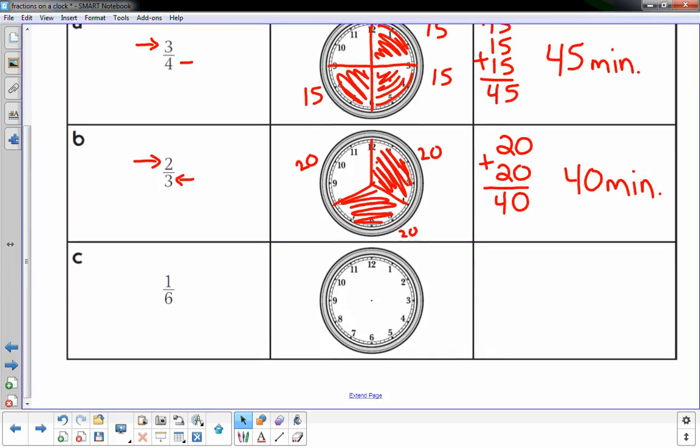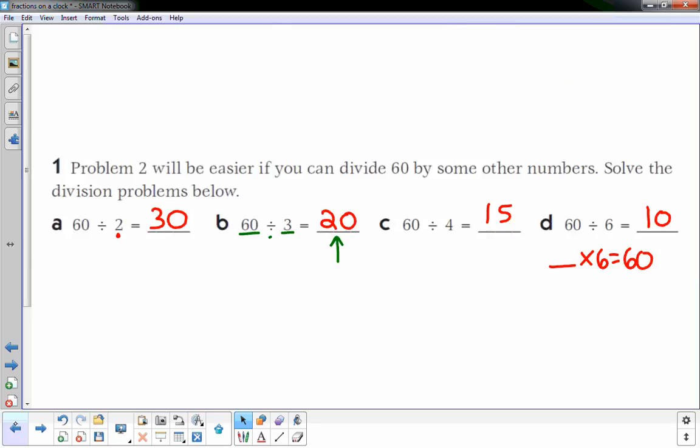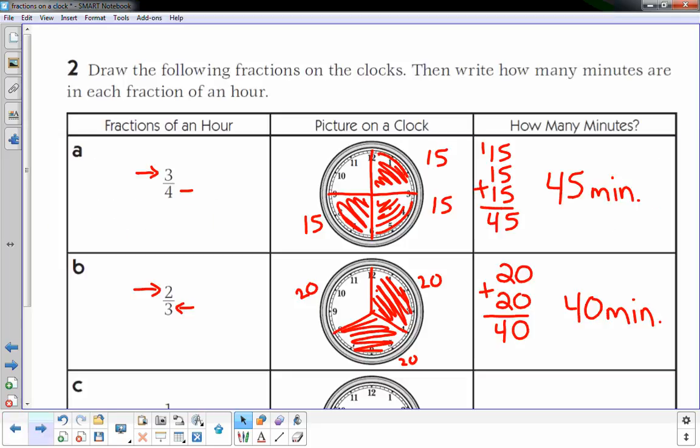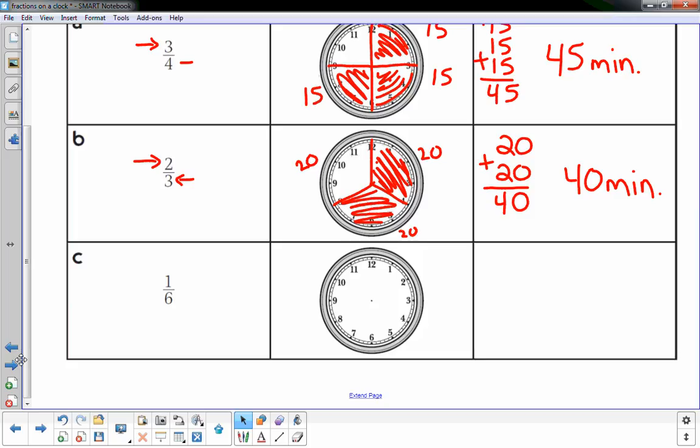1/6 of an hour. I have to break up 60 minutes into 6 equal pieces. That one is letter D. 60 divided by 6 is 10. So 60 divided into 6 equal parts is 10 minutes. So letter D, I'm going to break it up into 6 equal pieces.